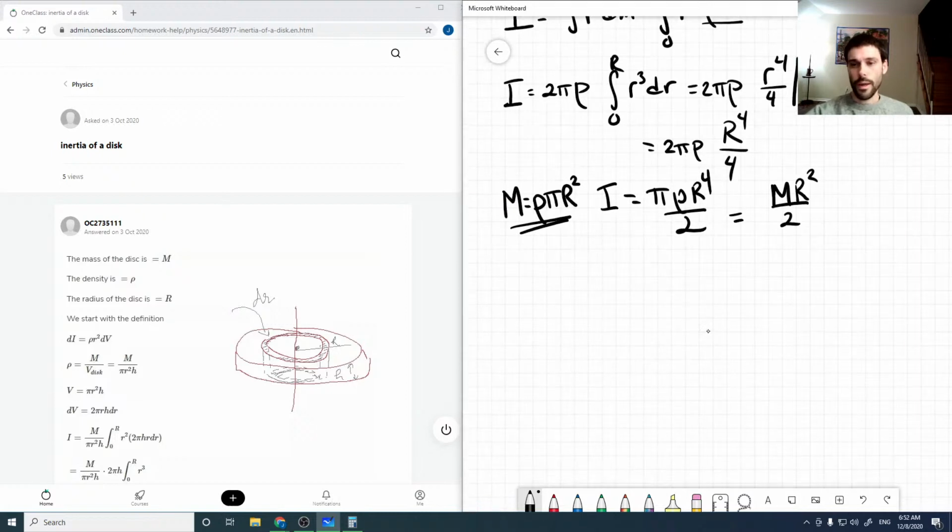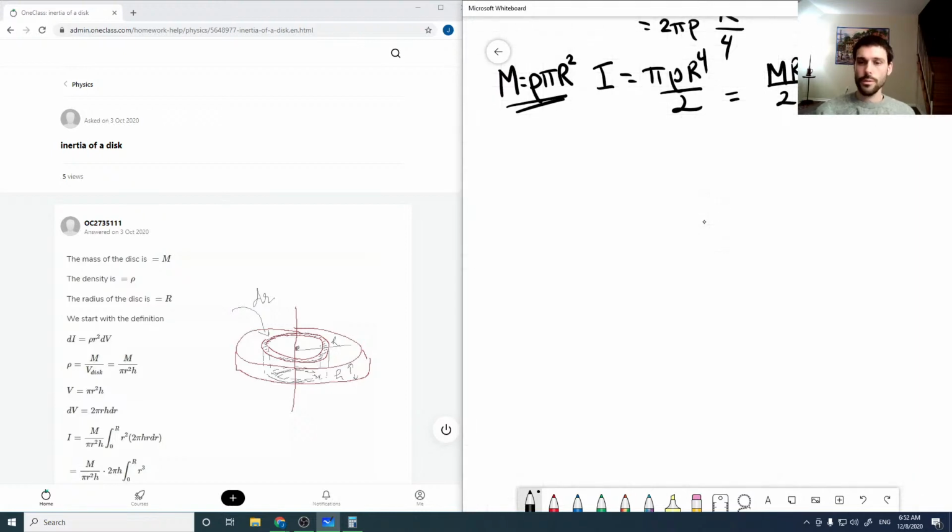But moment of inertia depends on your axis system choice. So if we say swap the axis and instead use that one, which goes through its center, even though it doesn't look like it does, I'm just going to redraw that so that it doesn't look like I'm trying to do something crazy. And I don't know if that was any better, but all right.